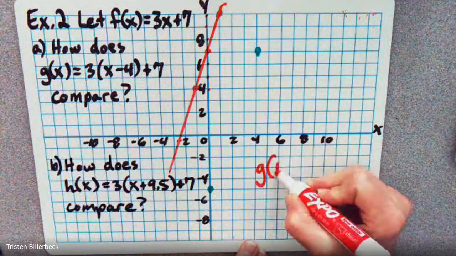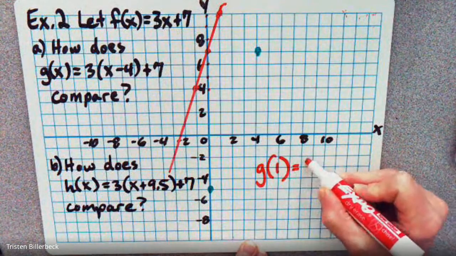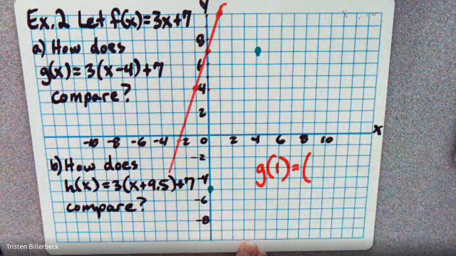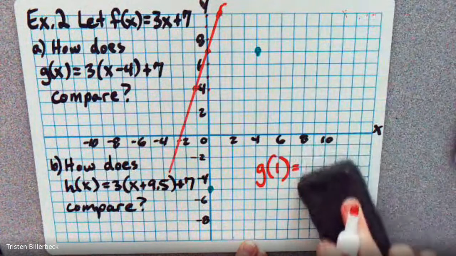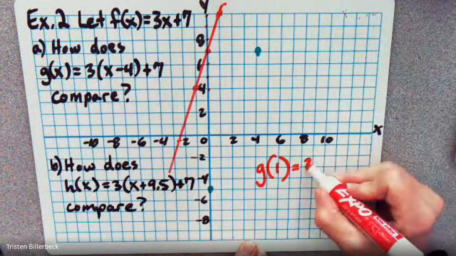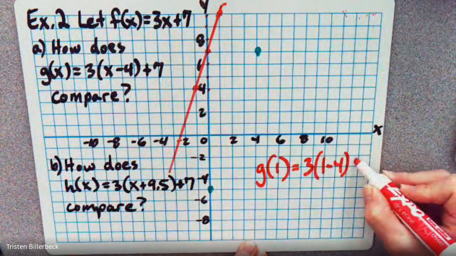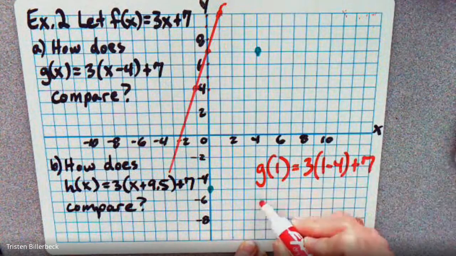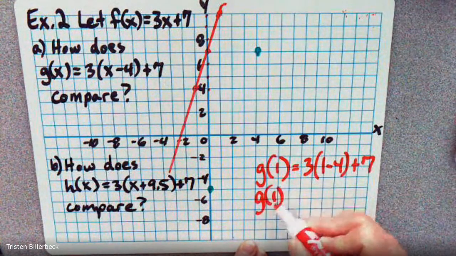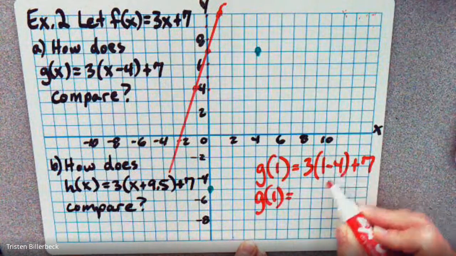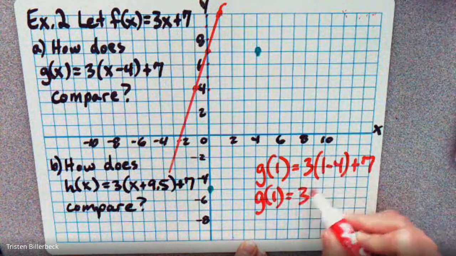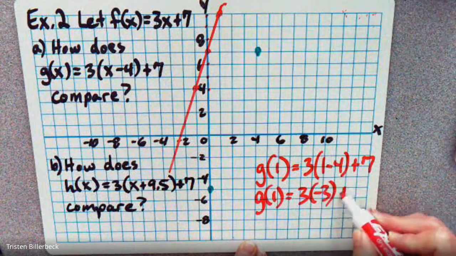So we have g of 1 equals 3 times (1 minus 4) plus 7. So we have g of 1 equals, this is -3. So we have 3 times -3 plus 7.